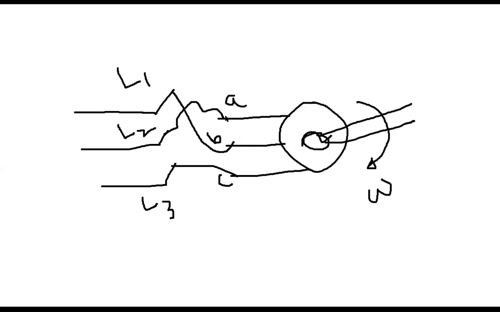Or if you keep the connection here, then connect L2 line with C and L3 line with B. So just interchange any of the two lines. That will fix the phase sequence. And then you will find that the motor is rotating in the suggested or actual direction. Okay.